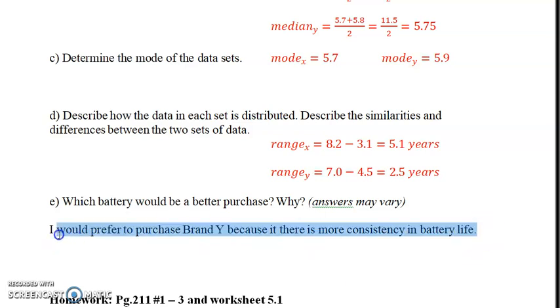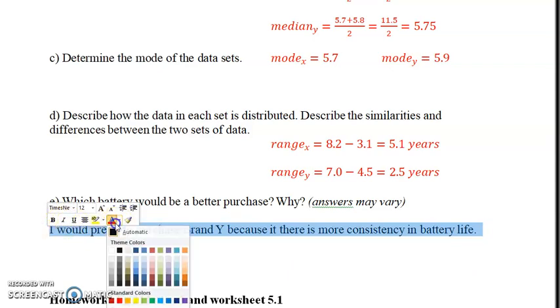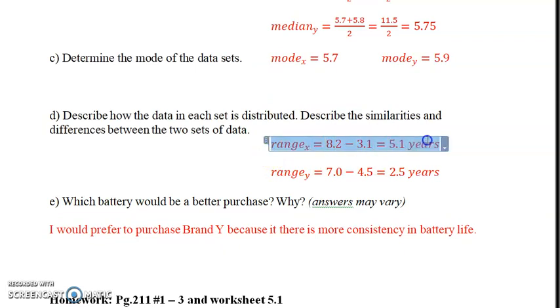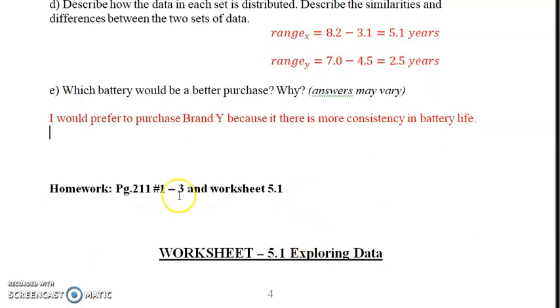That range is like everything else is pretty much the same, right? Your average, your median, your mode, and everything. But when it comes to the range, again, you could roll the dice, I guess, and hope to get an 8-year battery, but also toward a 3, so less consistent with its range of values.